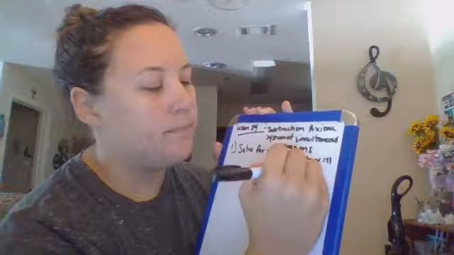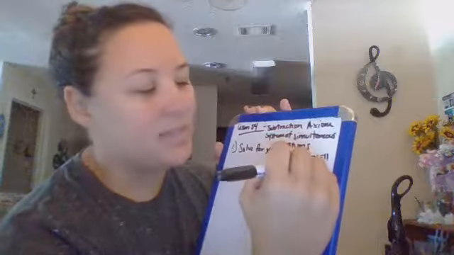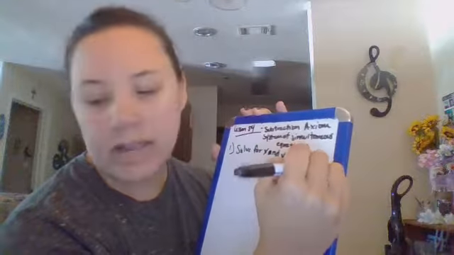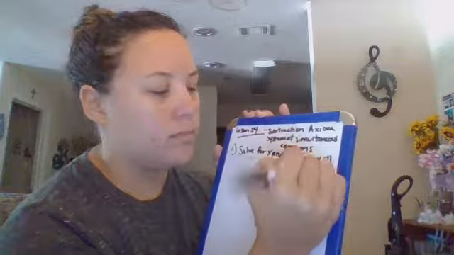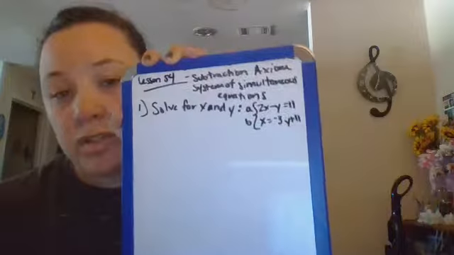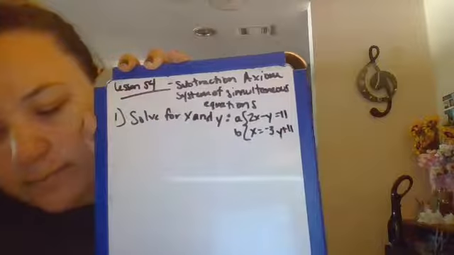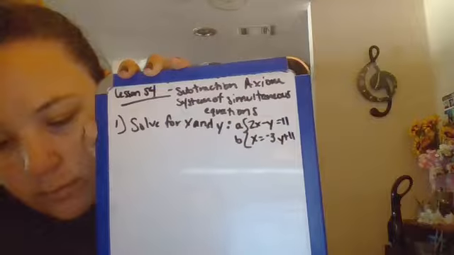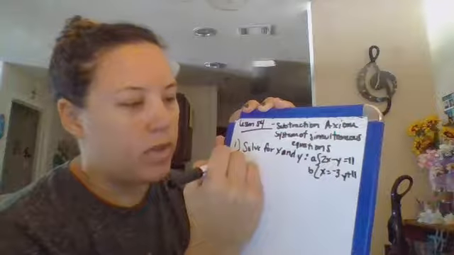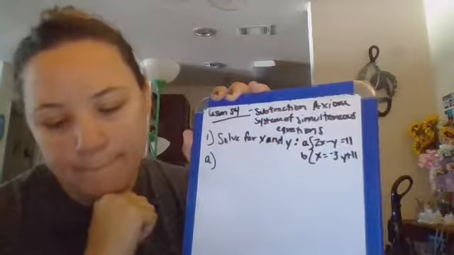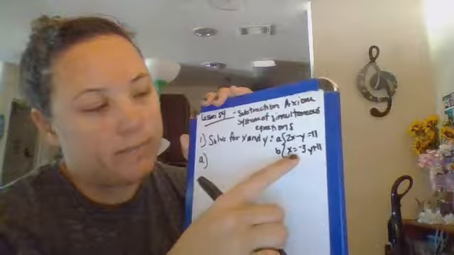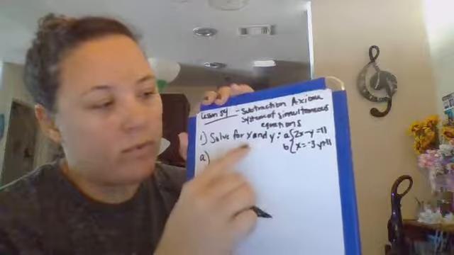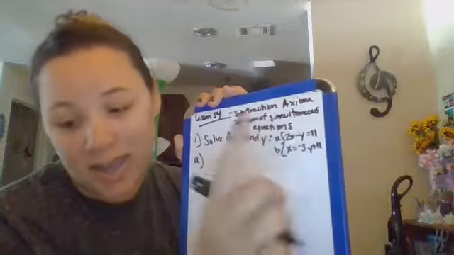And B is x equals negative 3y plus 11. So those are our two equations, and we're going to solve for x and y. So the first thing we need to do is find y, and we're going to do that using equation A. So we are going to plug in equation B wherever we see an x in equation A.